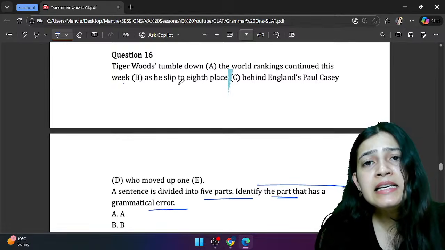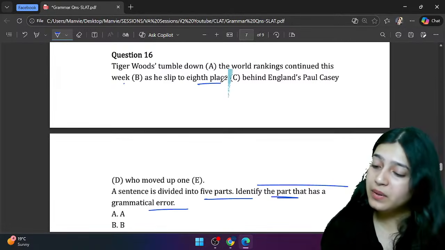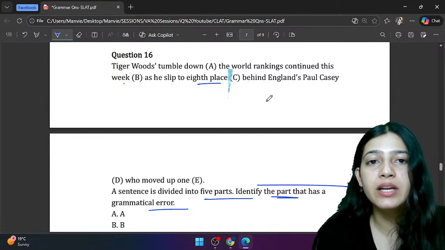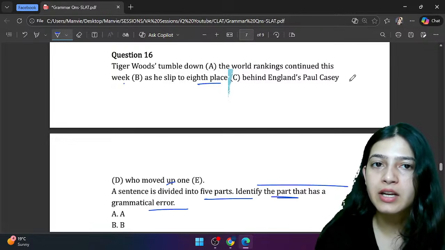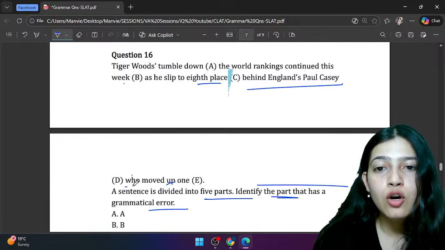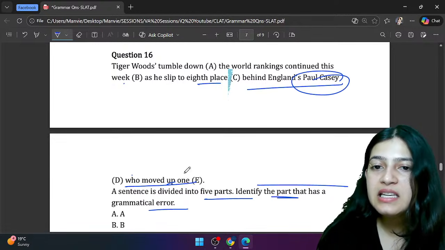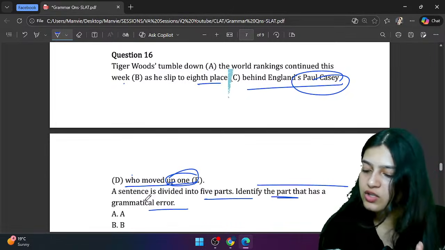Then they say as he slipped to 8th, meaning his rank became 8th. He tumbled down and his rank became 8th, behind England's Paul Casey, who moved up by 1. Behind England's Paul Casey is absolutely right, who moved up by 1. So Paul Casey has the first rank now.